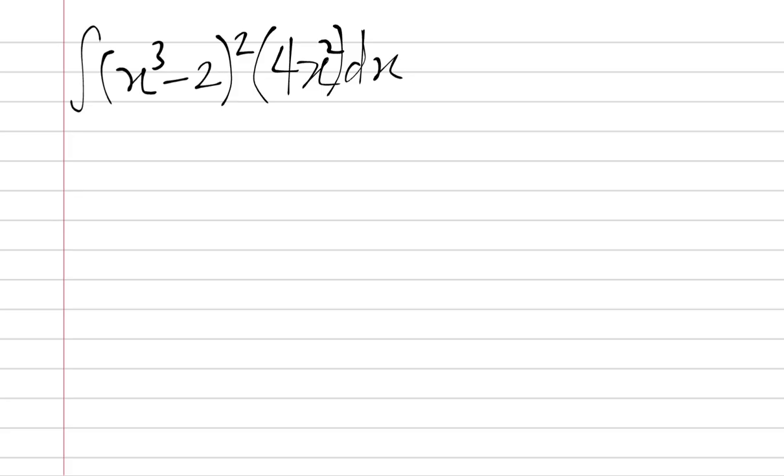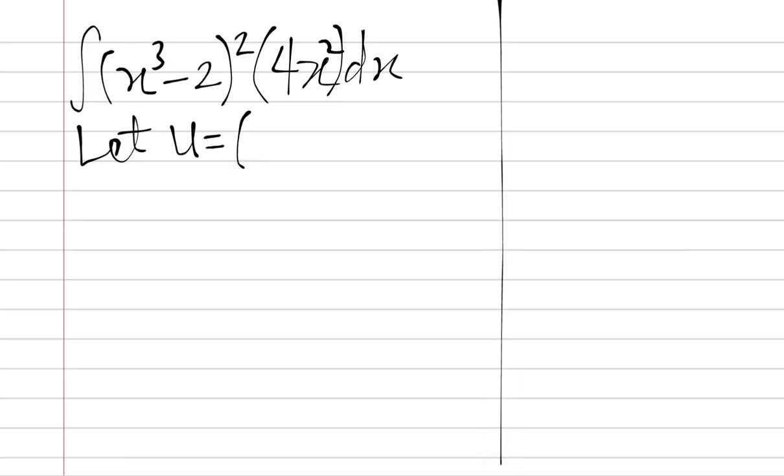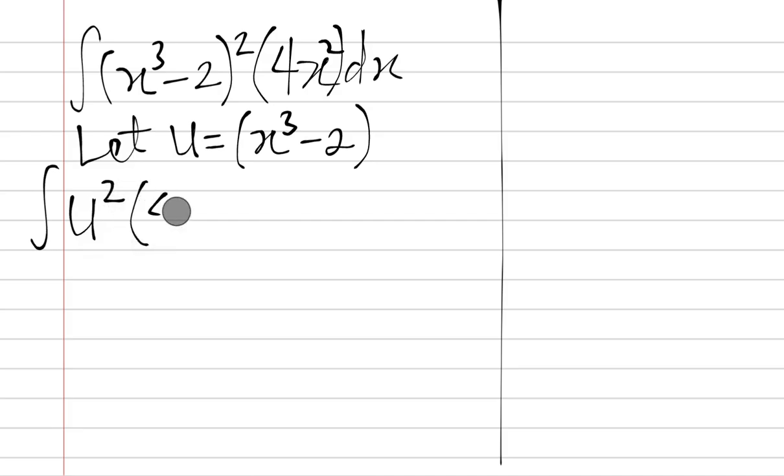So you are going to say, let u be equal to x cubed minus 2, just x cubed minus 2 only. If your u is equal to x cubed minus 2, that means the integral will now become the integral of u squared times 4x squared dx.